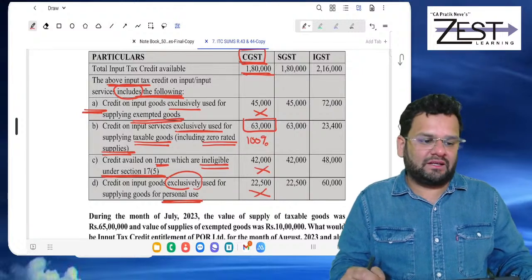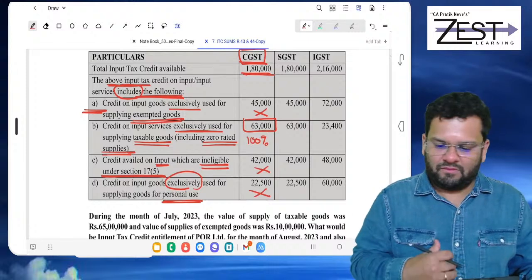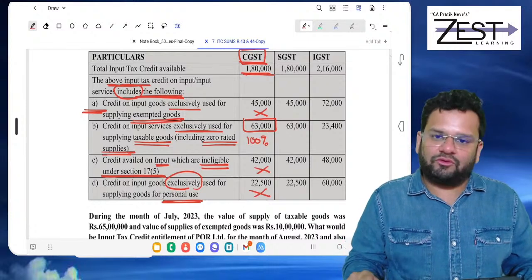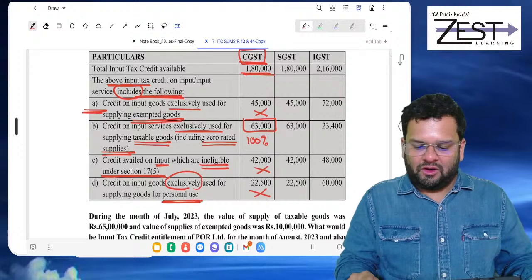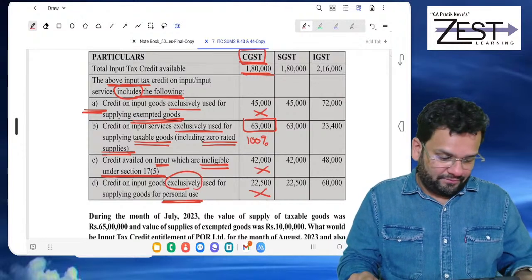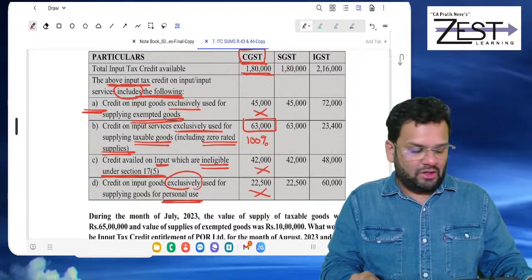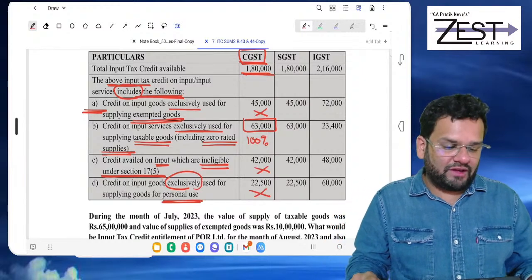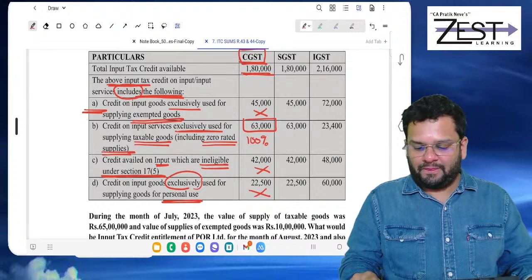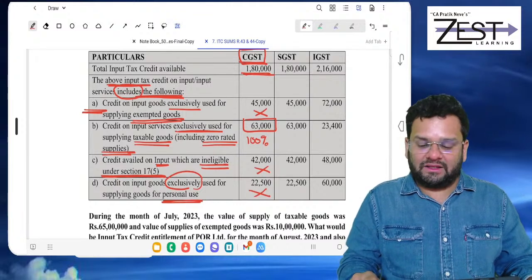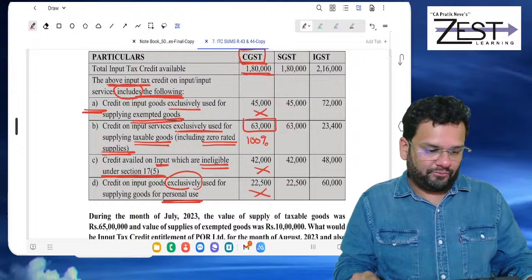Why are you subtracting 45? You are subtracting 45,000 because on that ITC is not at all available. Also subtract 42,000. Also subtract 22,500. Because on these things ITC is not at all available.